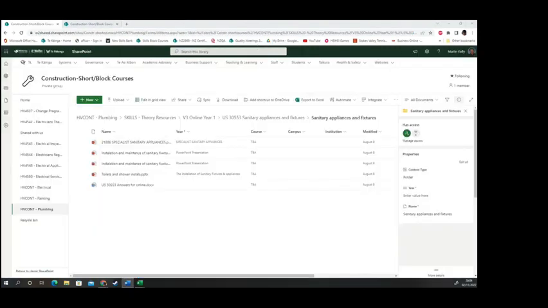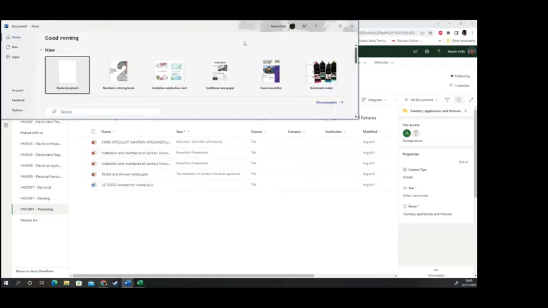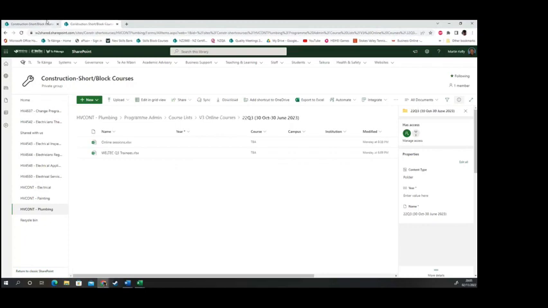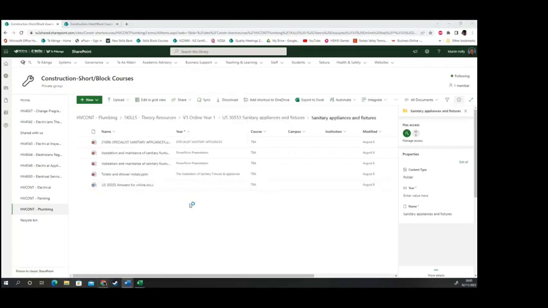I'm just trying to get the file back up. I've opened it. I've got it in there. I can't see it. So maybe I shut it inadvertently. My computer's not enjoying me at the moment.